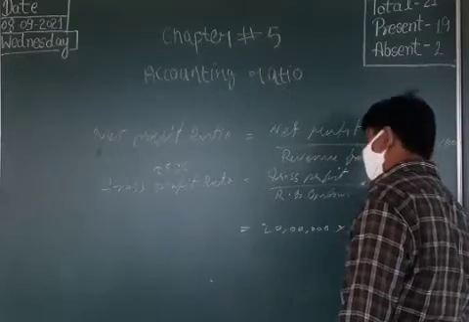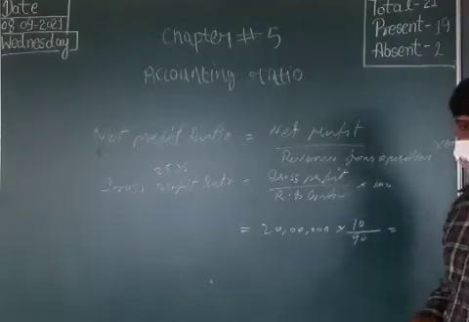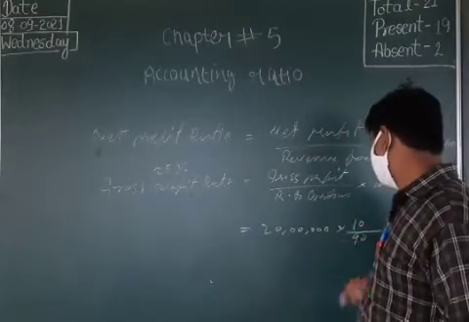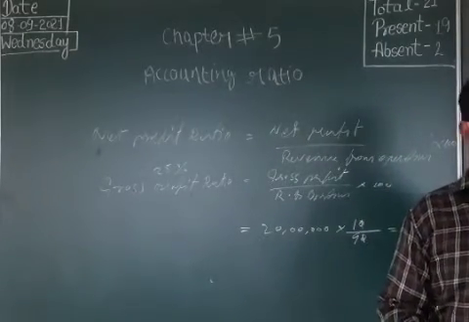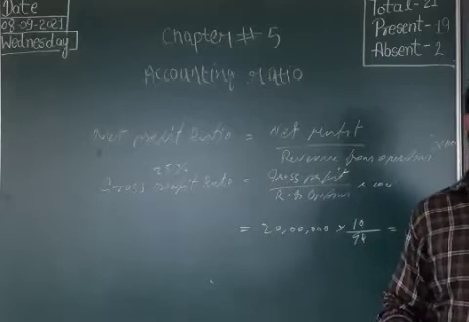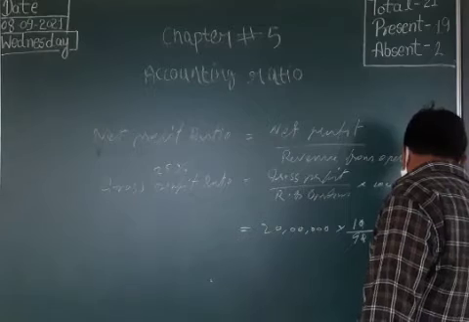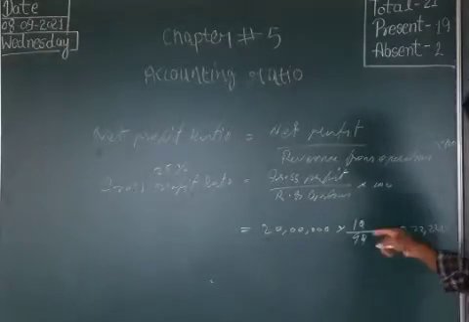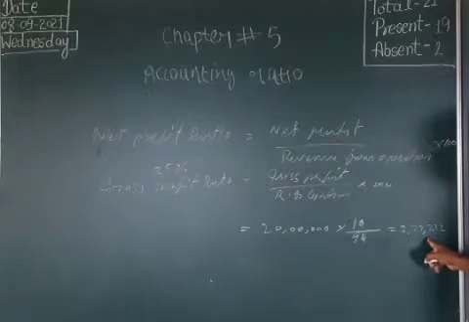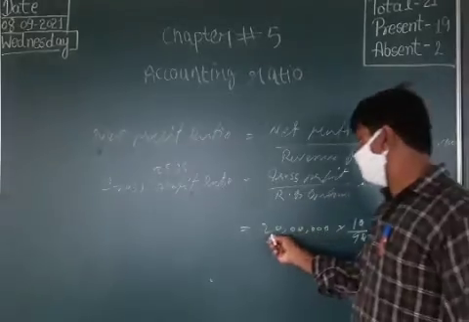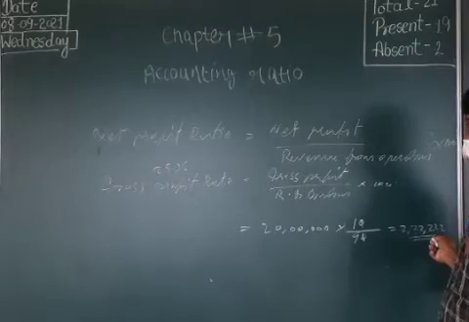You understood? 100 minus 10 we got as 90. Next step we find its value, which is 2,22,222. What is this amount? This is the cash revenue from operation. The other is the credit revenue from operation.